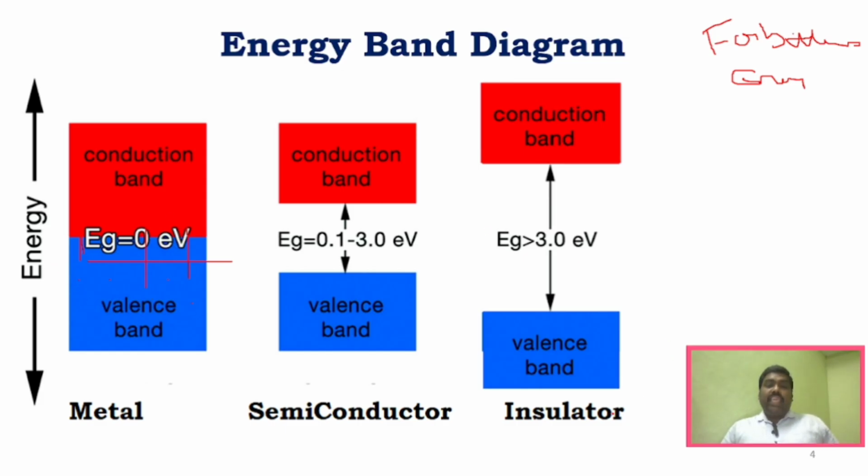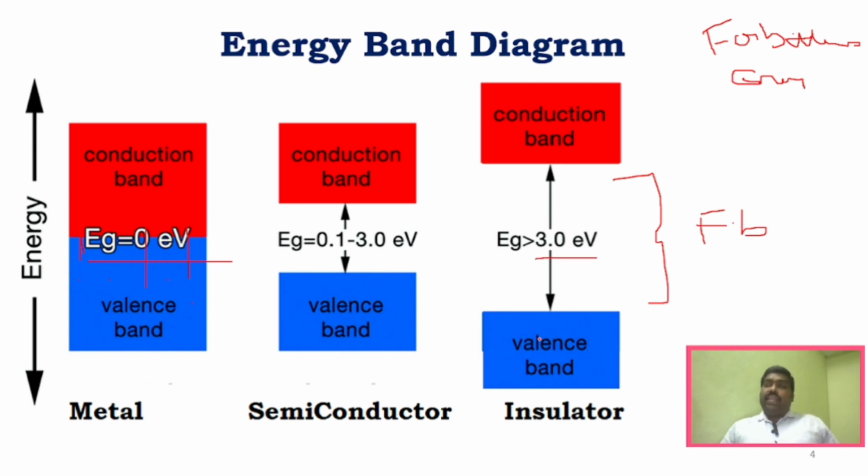Whereas if you take an insulator, you can see this is the forbidden energy gap. The forbidden energy gap present between the conduction band and the valency band is very high. You can see it is more than 3.0 electron volt.